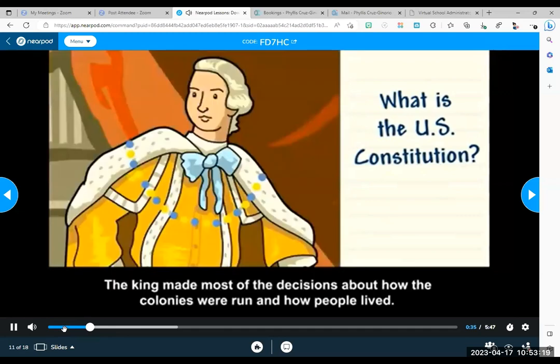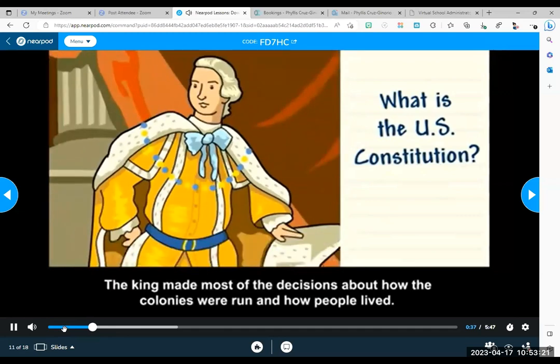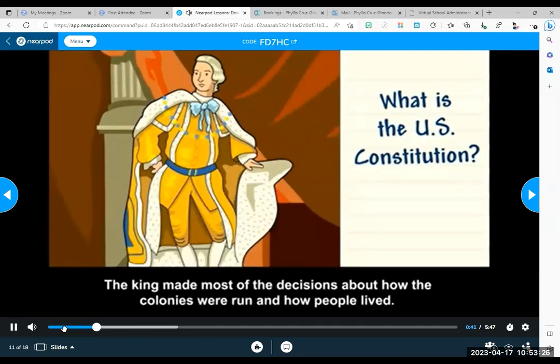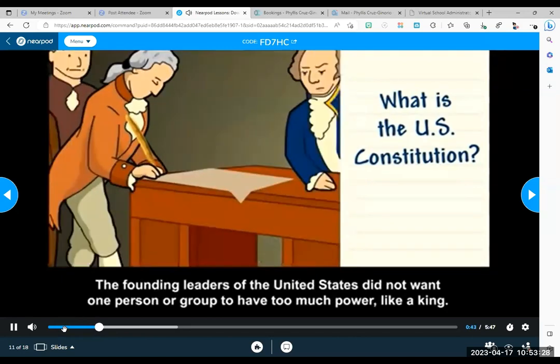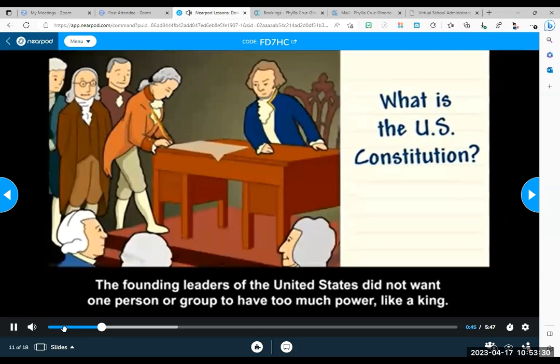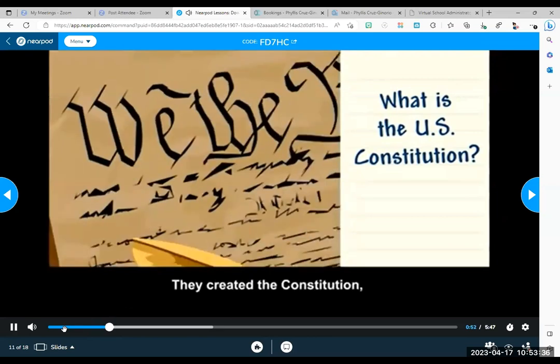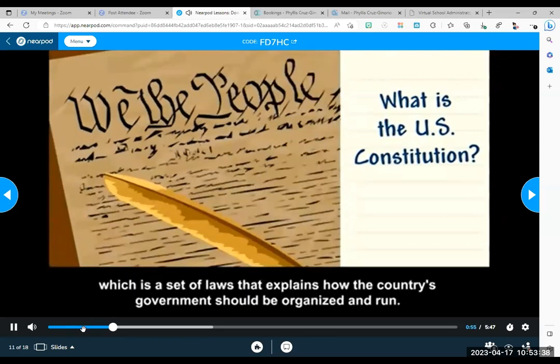The king made most of the decisions about how the colonies were run and how people lived. The founding leaders of the United States did not want one person or group to have too much power like a king. They created the Constitution, which is a set of laws that explains how the country's government should be organized and run.